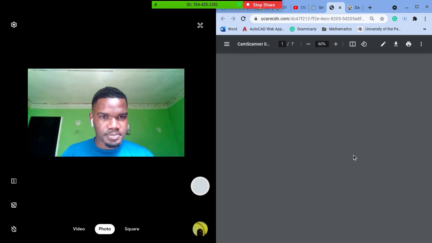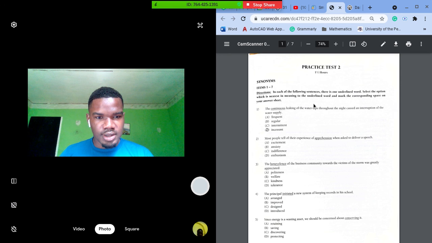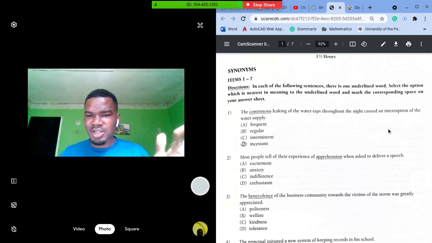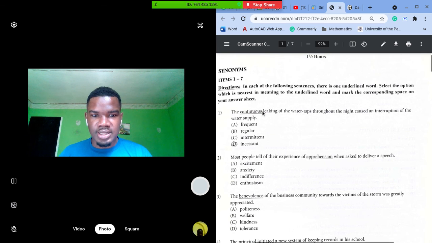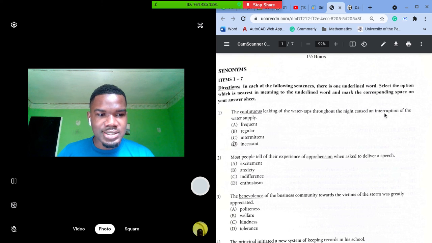It's loading up. Right. This is a trick, not a trick, but a DIY life hack when you're answering these questions as synonyms. You're going to put in the context, and I was teaching this to Ariane and Diksha in the last class. The continuous leaking of the water taps throughout the night caused an interruption of the water supply.